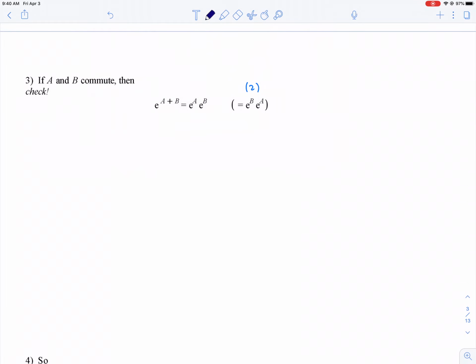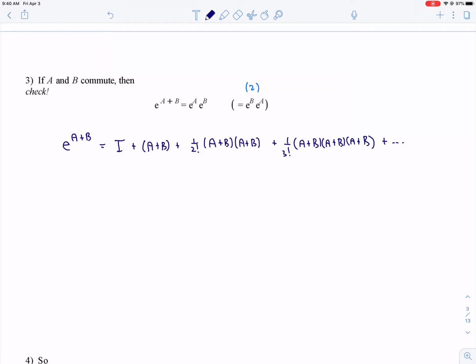Let's compute e to the A plus B. It is the identity plus A plus B plus 1 over 2 factorial A plus B squared, which I'll write as A plus B times A plus B, plus 1 over 3 factorial A plus B cubed, which I'll write as A plus B, A plus B, A plus B, and so on.